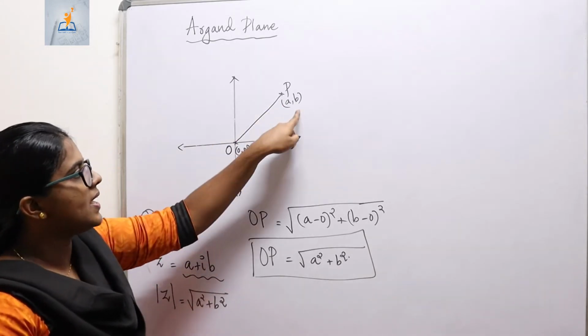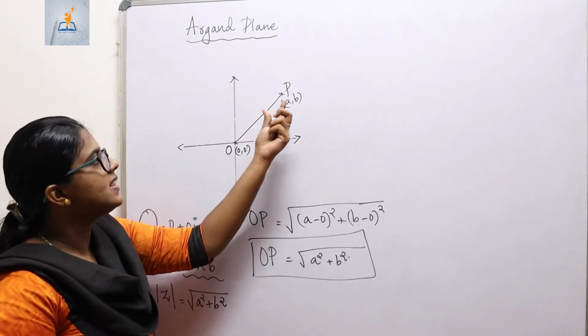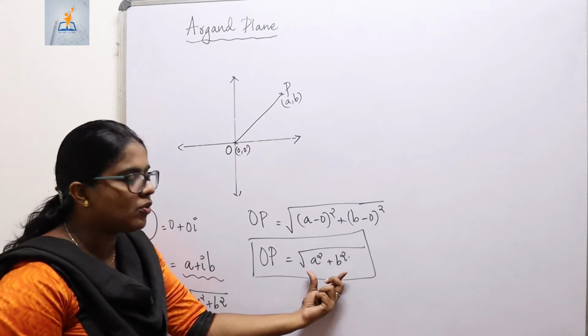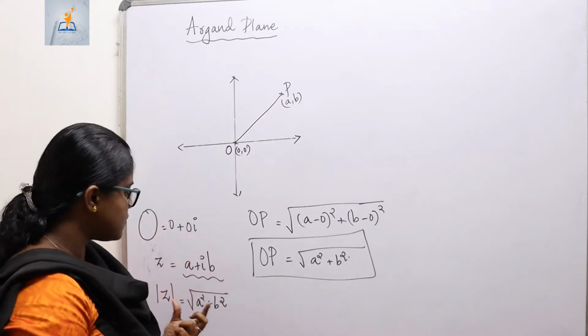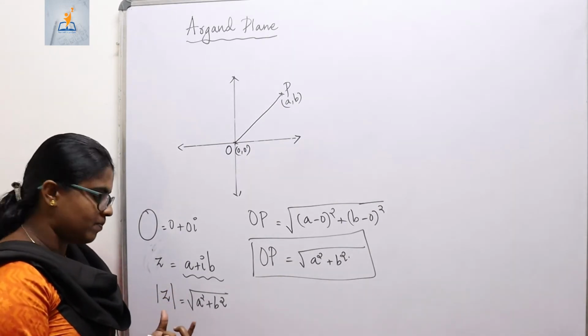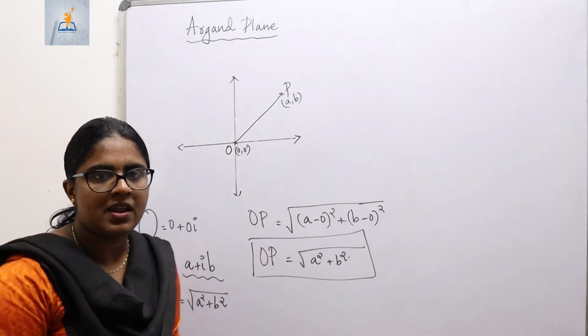So here P denotes the complex number a plus ib, and the distance of P from the origin O is square root of a square plus b square. So we can generally say that the modulus of a complex number is the distance of the complex number from the origin.